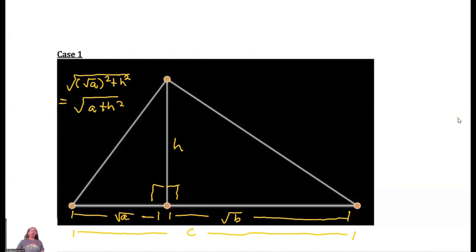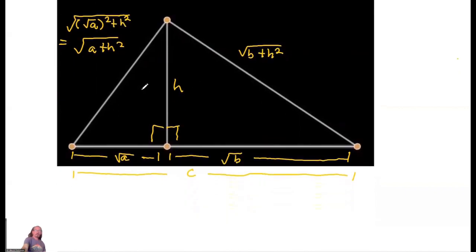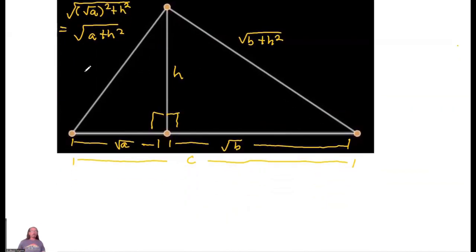So similarly, on the other side, the hypotenuse of that right triangle will be the square root of the quantity b plus h squared. So we want to solve for h so that we will have this being a right angle as well. So how do we do that? Well, what we will do is, as I said, we're going to be using the converse of the Pythagorean theorem.